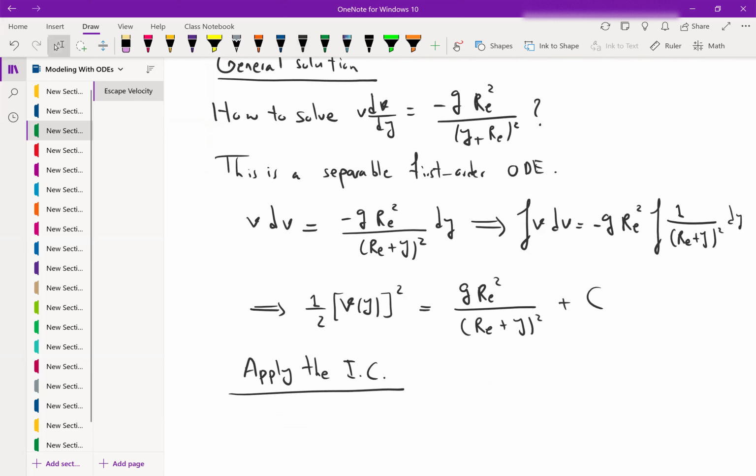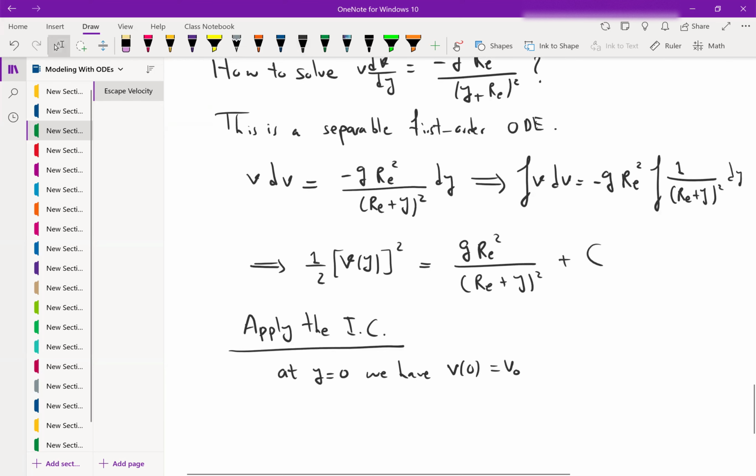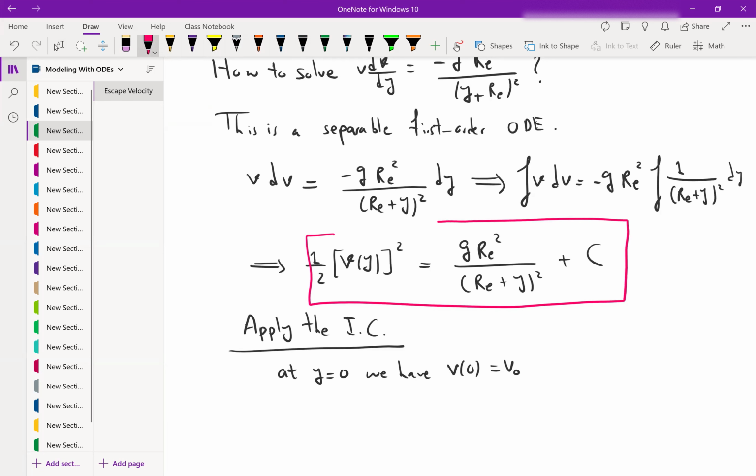So what was the initial condition? At y equals 0, v is equal to v0. So I know that v of 0 is equal to v0. Here 0 refers to the fact that y is 0. So I'm going to use the equation that I just obtained, and I will set y equals 0 on both sides.